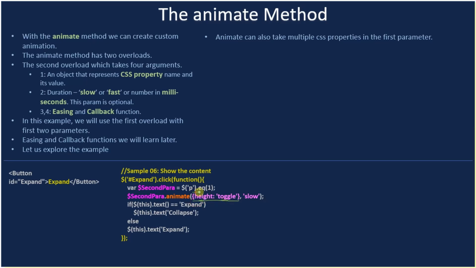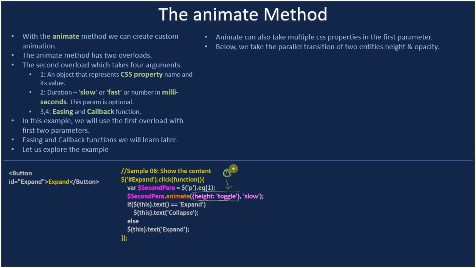It is taking a single CSS property, height, within these curly braces. We can pass multiple such properties here. Animate can also take multiple CSS properties in the first parameter.